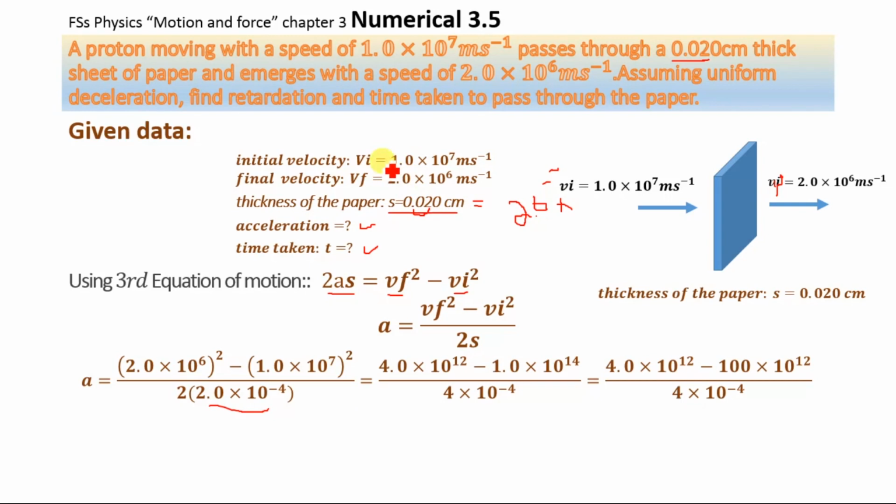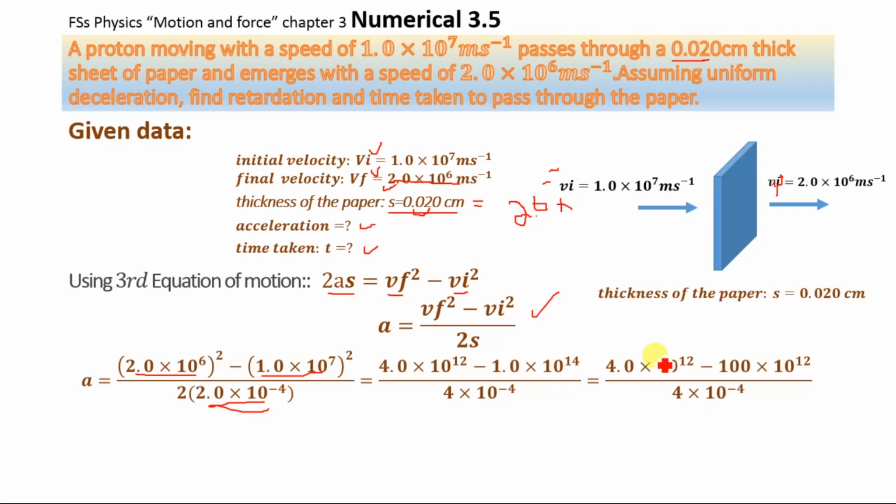Now substitute the values for initial velocity, final velocity, and the displacement in this equation. We will have a equal to 2.0 times 10 power 6 whole square. This 10 power 6 is the value of the final velocity, this is the value of the initial velocity, and this is the value of the displacement, but we have converted the centimeter to meters. Now solving this equation, take the square of this term and of this term and multiply these two with this term.